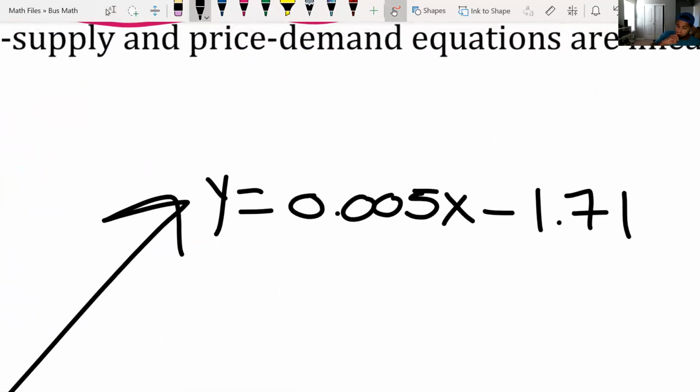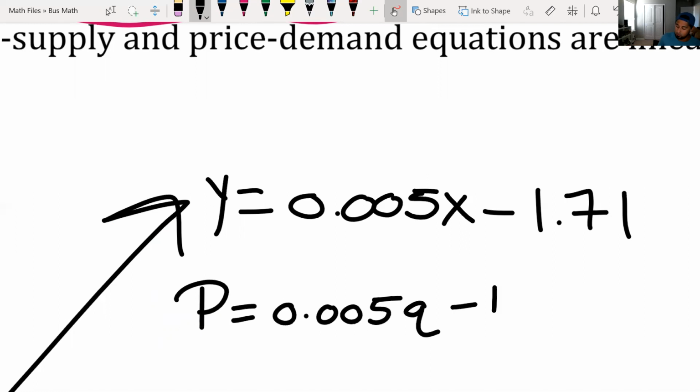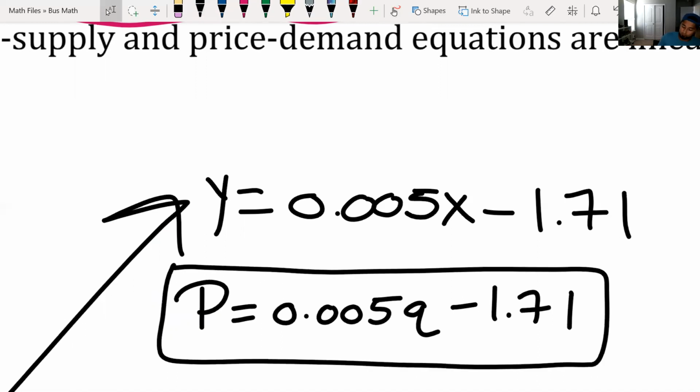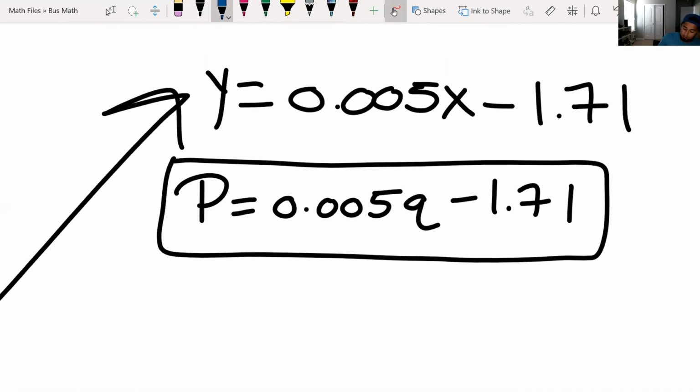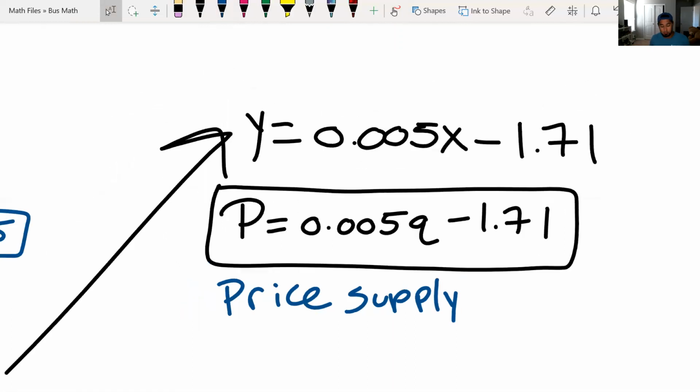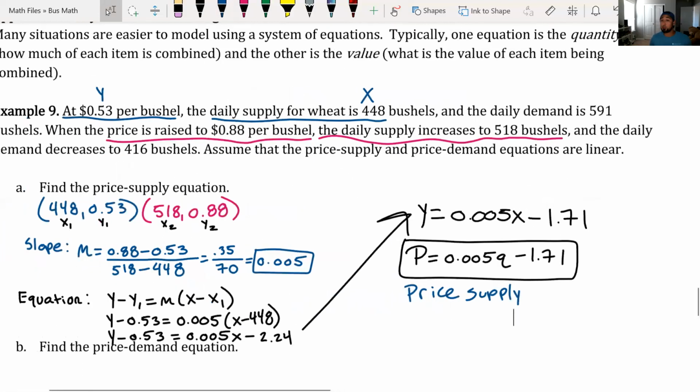So when I say put it in terms of that, all we have to do is rewrite this as P equals 0.005Q minus 1.71. This is our price supply.